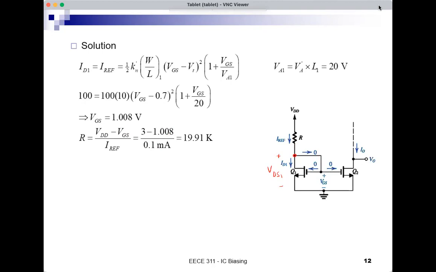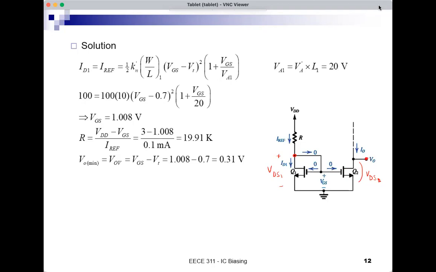Now I need to find the other things. I'm asked about what is the minimum VO and the output resistance and the change in the output current. So let's start with the minimum output voltage. The minimum voltage at the output node should never drop below VGS minus VT, because VO is VDS2, and this should never drop below VOV of Q2.